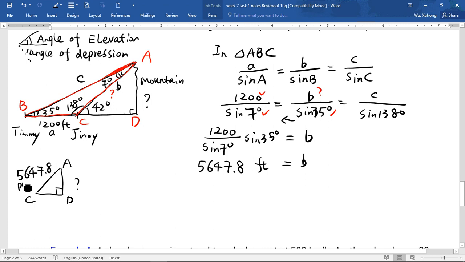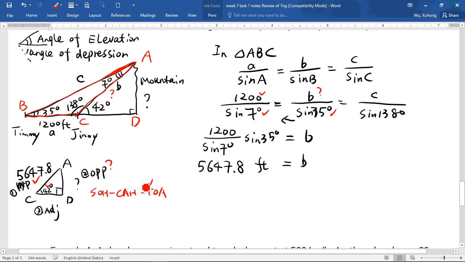This is the hypotenuse. This is 42 degrees given, so this is the opposite. And whatever is left is the adjacent. We want to find the opposite side. This is the opposite side. This is a hypotenuse given, angle given, so SOH-CAH-TOA.